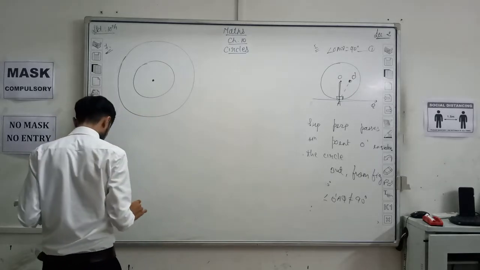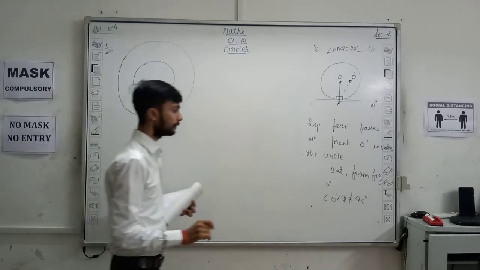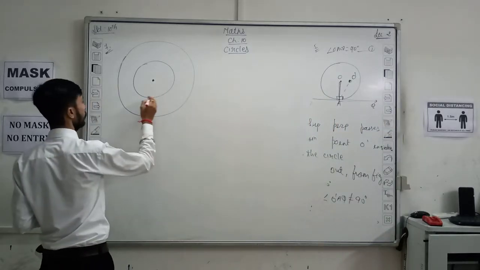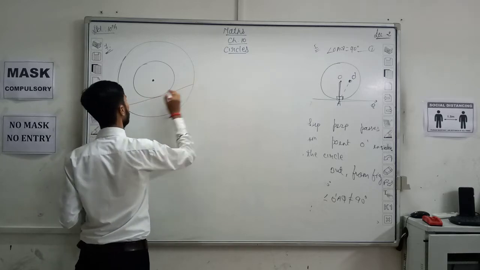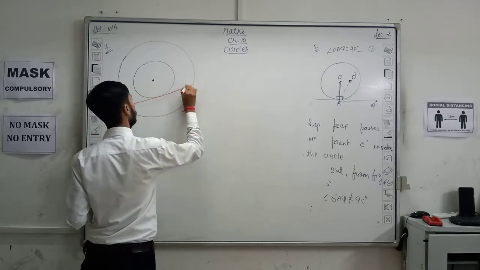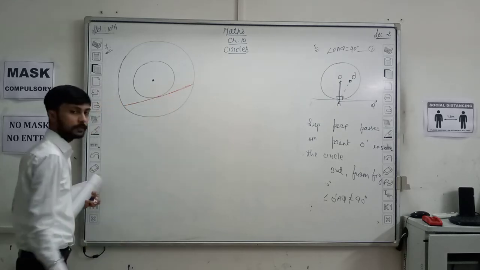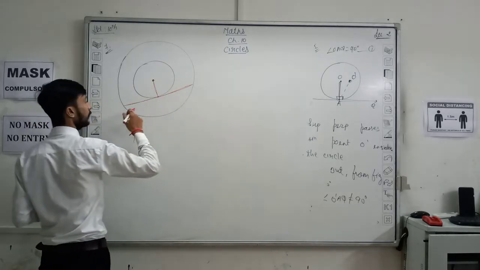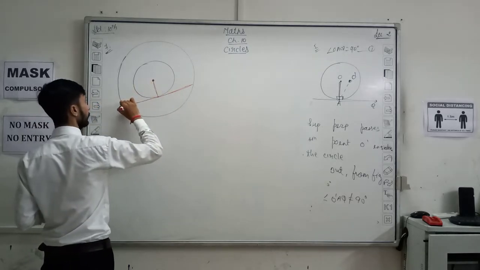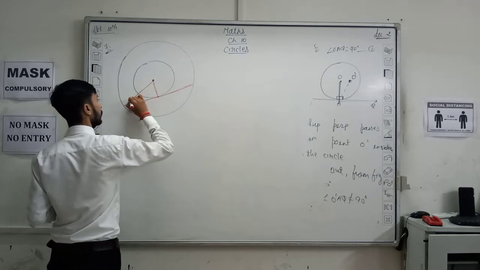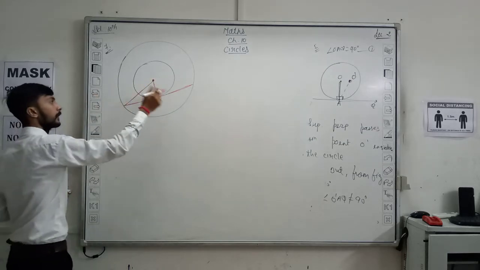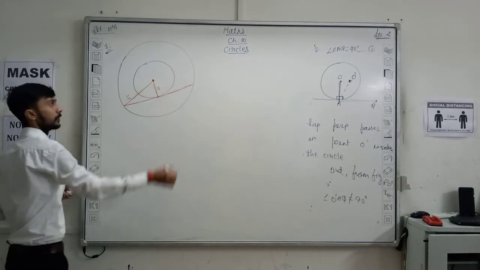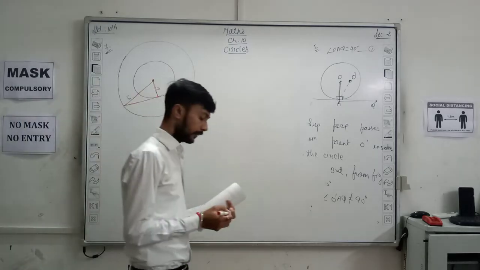So the chord of the larger circle, this one, touches the smaller circle. We need to find the length of this chord. You can see this is the radius of this circle, that is 5, and this is the radius of the smaller circle, that is 3.